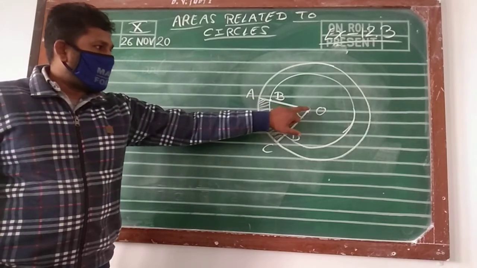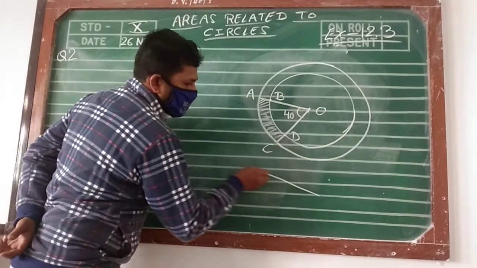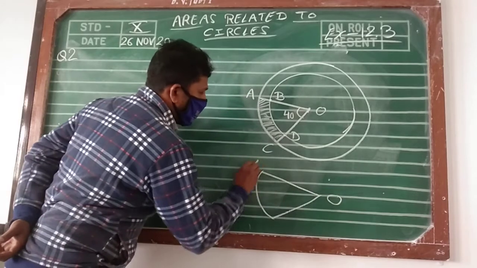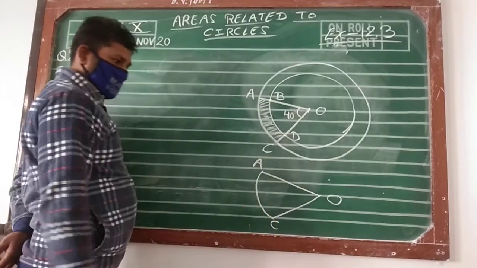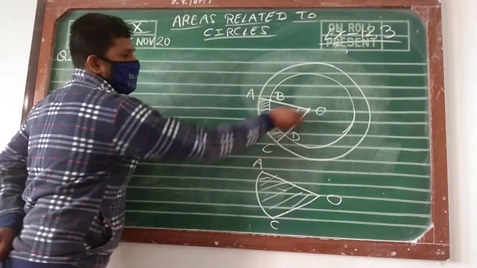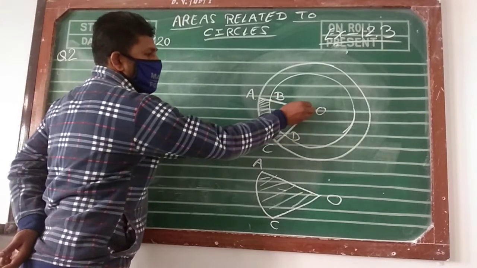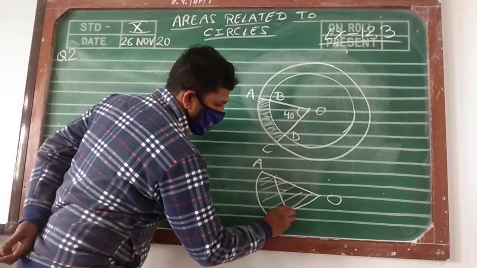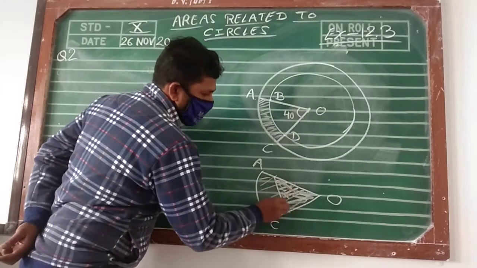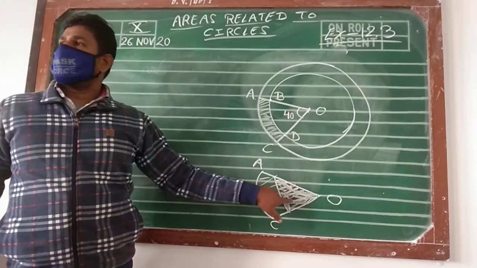If you are finding the area of the sector OACO, then you are getting this complete portion. And if you are finding the area of OBDO, you are getting this region.